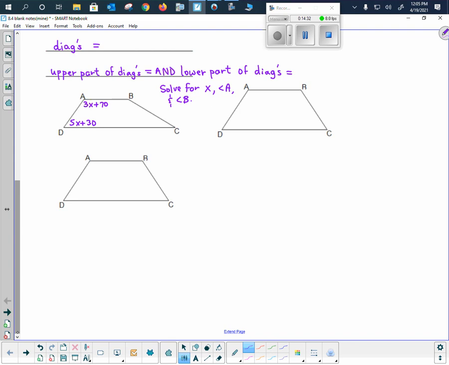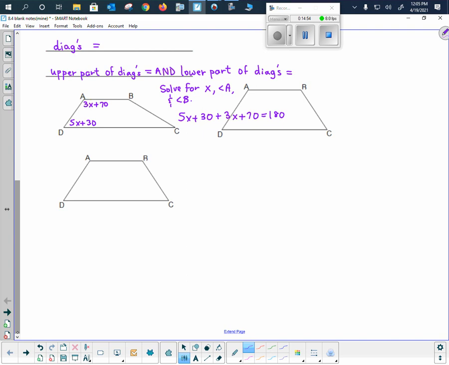Okay, so the only thing I know about an upper base angle and a lower base angle in a trapezoid is that if they're on one side, they are supplementary. So I'm going with 5x plus 30 plus 3x plus 70 equaling 180.